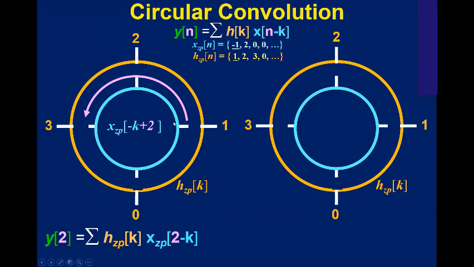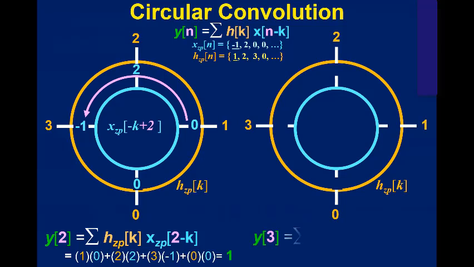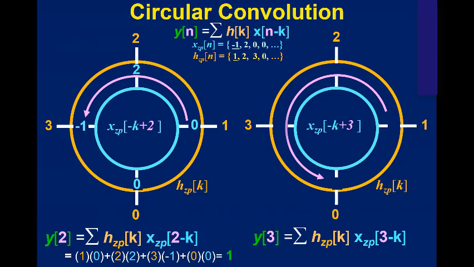Take our x that's reversed, shifted 2 places now. So it's minus 1, 2, 0, 0 around that way. Do the products and sums and get 1. And then finally do that for n equals 3. Moving the x around 3 positions, doing the products and sums, and getting 6.